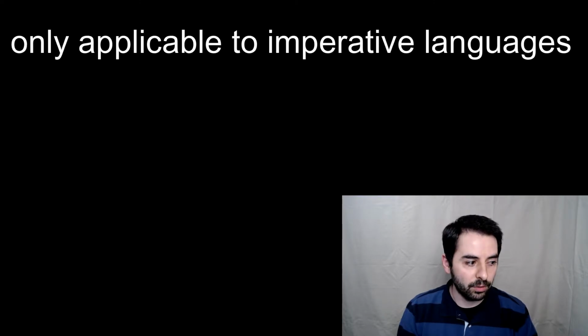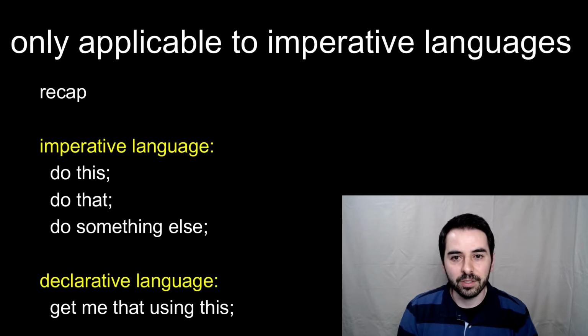The reason I'm saying imperative languages is that in non-imperative, or declarative, languages, the notion of control flow doesn't really exist, because if you remember, we talked about this. The written program really defines what needs to be done and not how, and control flow is all about how it needs to be done, because we say execute this instruction first, then this.